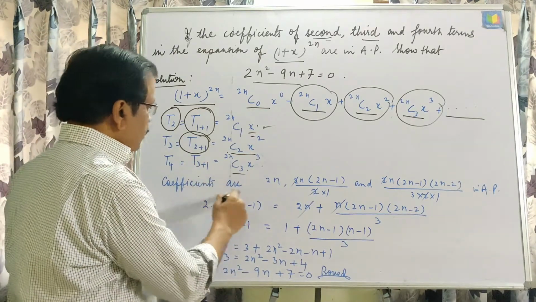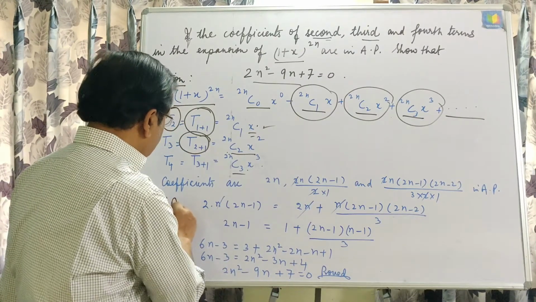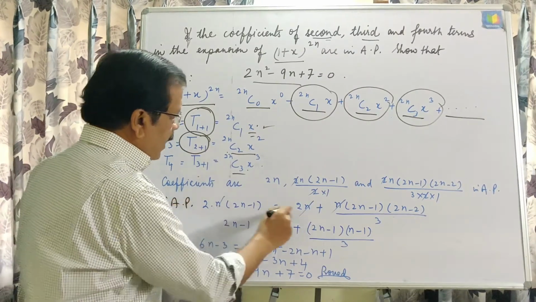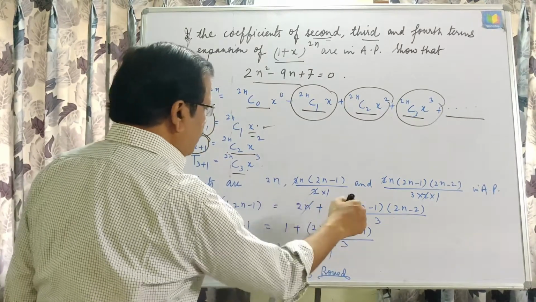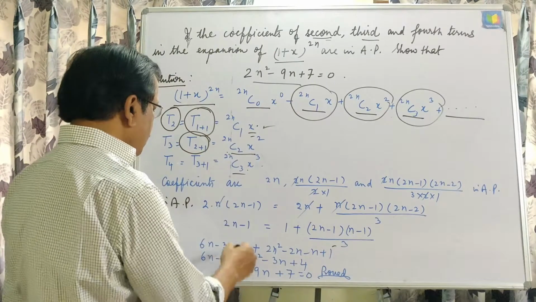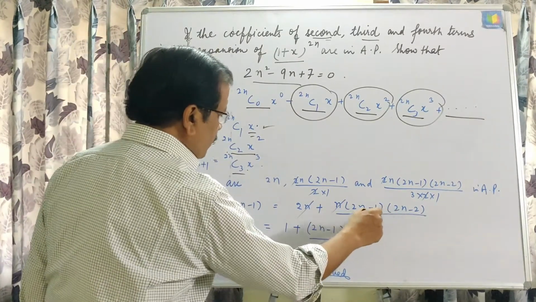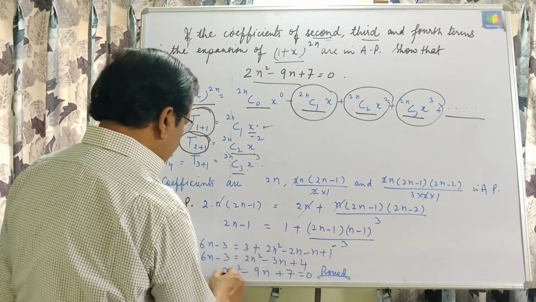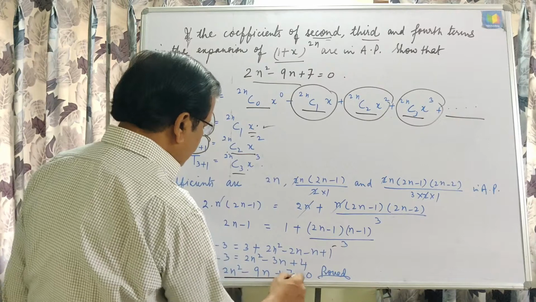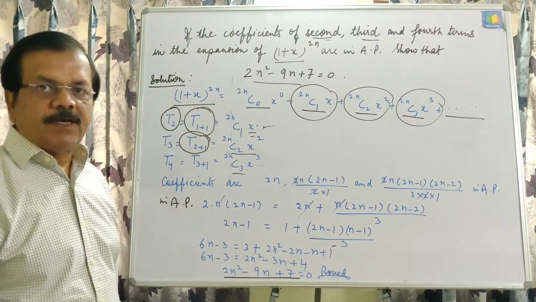Then these coefficients will be written in AP like this, and then after taking LCM, here n will be cancelled from each term, and in the same way 2 and here also 2 common will be cancelled. Then taking LCM and then cross multiplication, we are getting 2n square minus 9n plus 7 is equal to 0, which we have to prove.